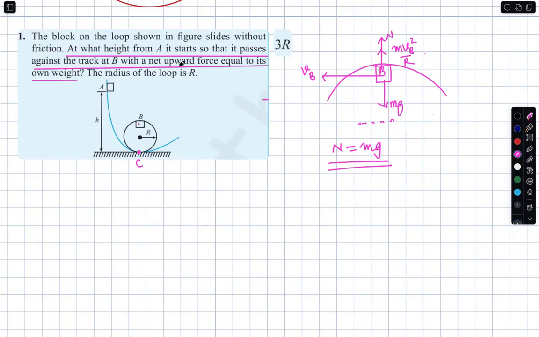At what height from A should it start so that it passes against the track at B with a net upward force equal to its own weight? Net upward force.